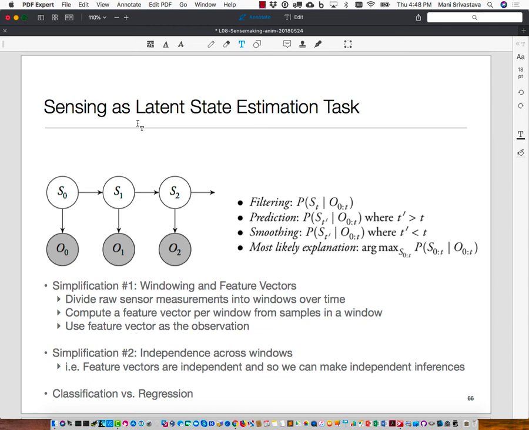Any single observation might not tell you, but the sequence would help you stitch that together. For all these problems, there are all sorts of approaches that exist. The simpler version, which gets used very frequently, is just this: given O of t, what is S of t? That's what this simplification is doing.